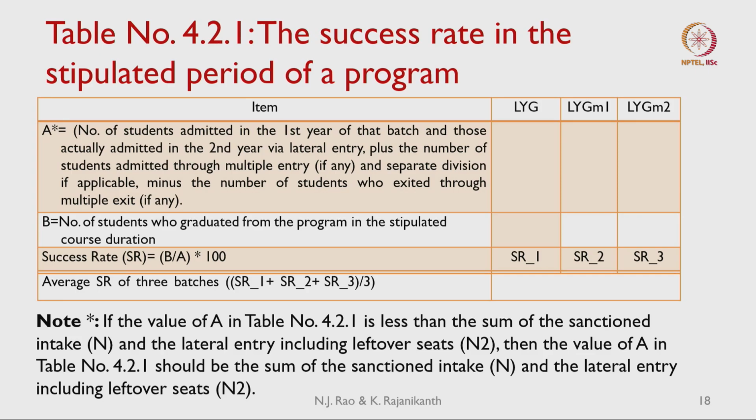So, if the admissions are poor, then the enrollment ratio will naturally suffer, because we are going to take the sanctioned intake plus lateral entry admissions N. So, this is important to consider, because sometimes some departments do ask, we have a sanctioned intake of 60, but we got only 40 admitted, what do we do? No, we will take 60 as the sanctioned intake plus any lateral entry, that is the number which is used.